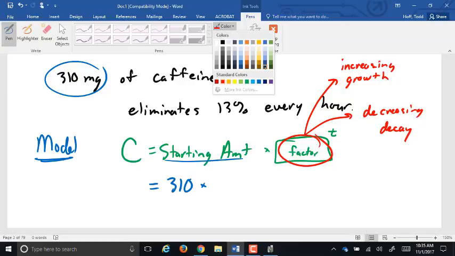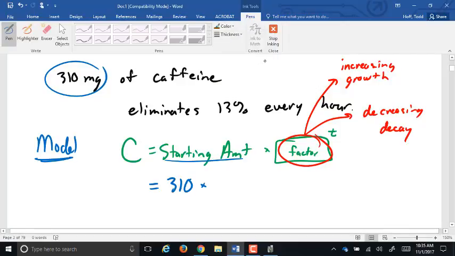In this case, which is it, a growth or a decay problem? We're talking about number 1 on the out of class exercises, the metabolizing caffeine in the bloodstream. It's decreasing. This is a decay problem. So if it were a growth problem, we would take 100% plus whatever percent was given.